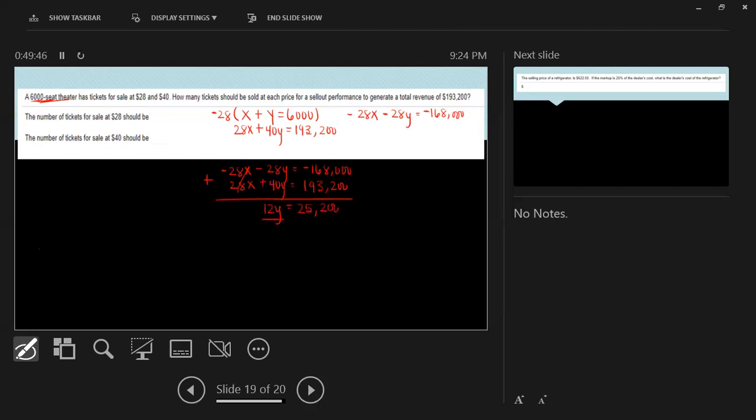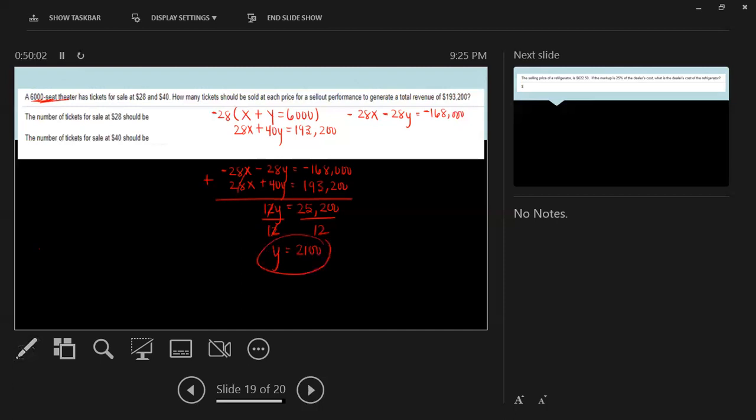All right, so now I'm going to divide both sides by 12. This cancels out. So when you do 25,200 and divide that by 12, you get Y to be 2,100.